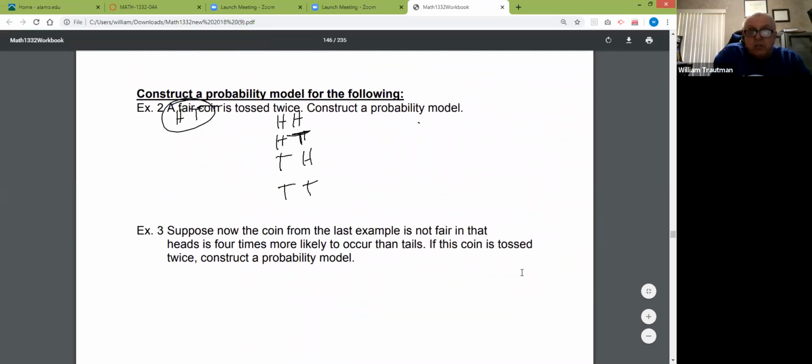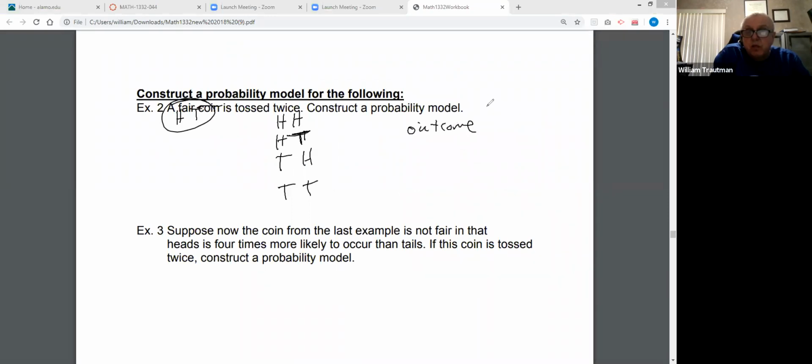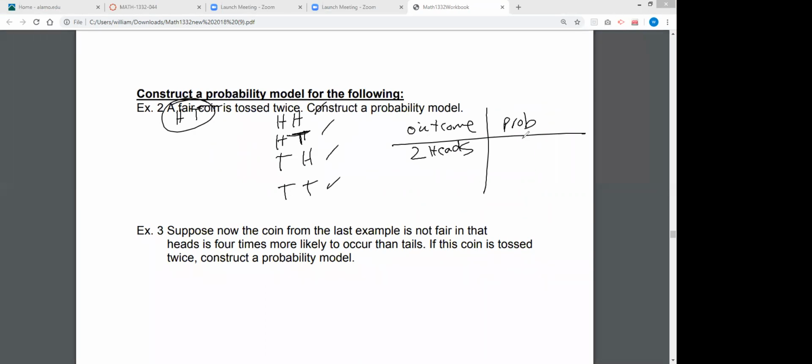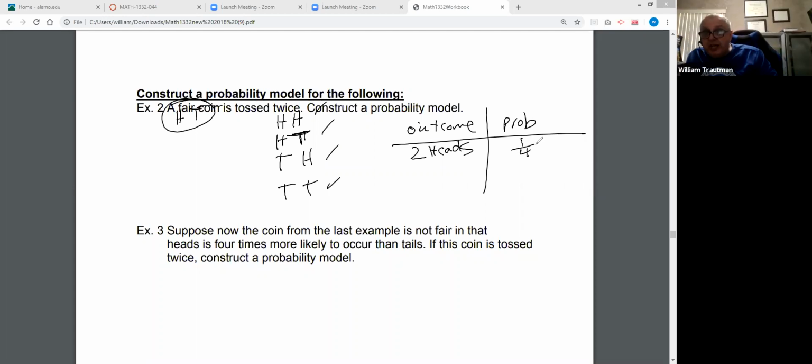So we're going to have an outcome and the probability. The outcome we could have is 2 heads. And how many options do I have for 2 heads? 1. 1 out of 4. So the probability of getting 2 heads is 1 out of 4.